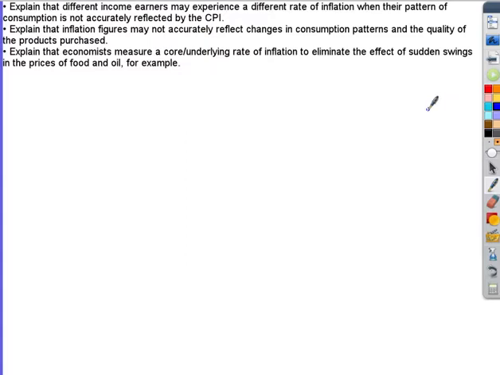Now, a couple different things. Explain that different income earners may experience a different rate of inflation when their pattern of consumption is not accurately reflected. The only thing this is talking about is, let's say that you have, it's picture time. Say you've got the dad, and you've got the mom, and you've got all the little kids.